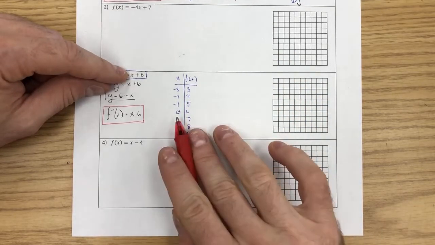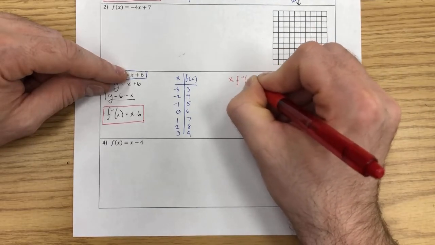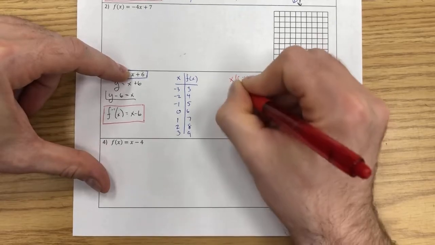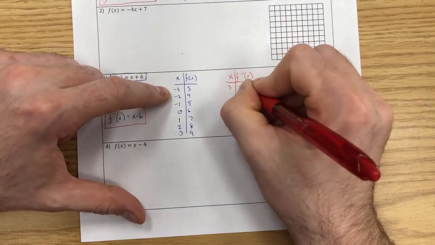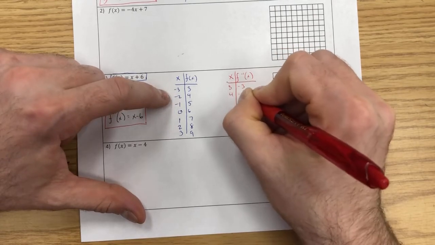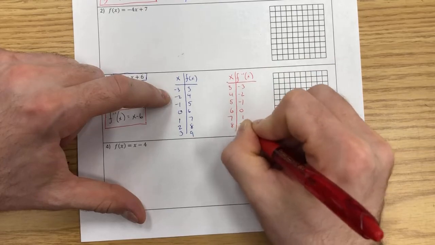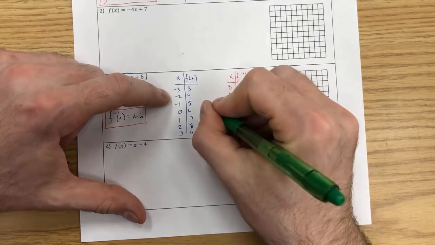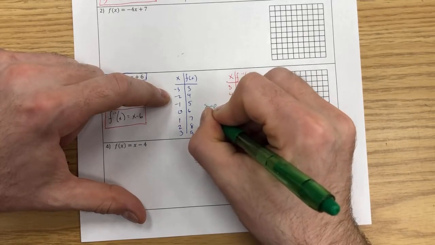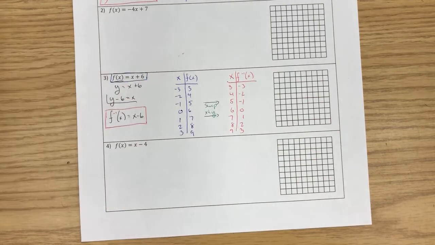All we need to do to get to our new function over here, so f negative 1 of x, is we just swap the x and the y. So 3, negative 3, 4, negative 2, 5, negative 1, 6, 0, 7, 1, 8, 2, 9, 3. So we're going to swap. That's all we do.